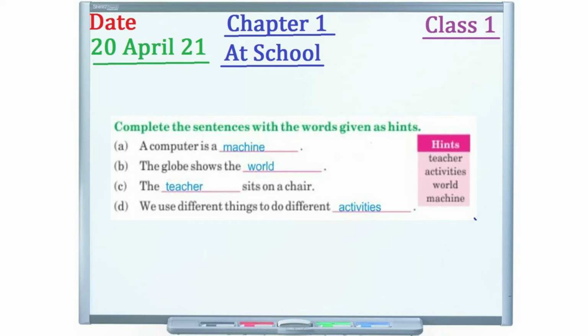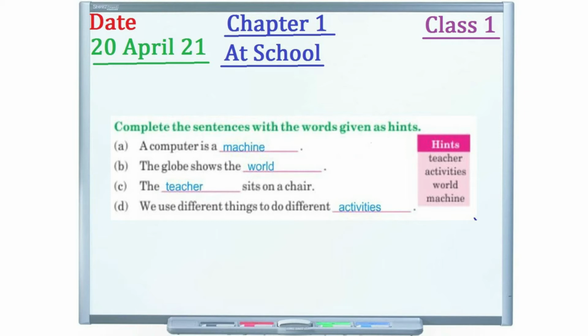B. The globe shows the dash. Here, all of you write world. W-O-R-L-D. World. C. The dash sits on a chair. According to hints, which word is correct here? The teacher. T-E-A-C-H-E-R.